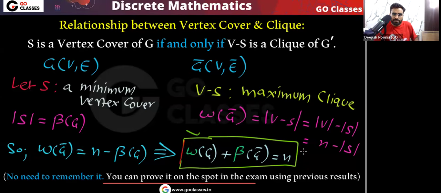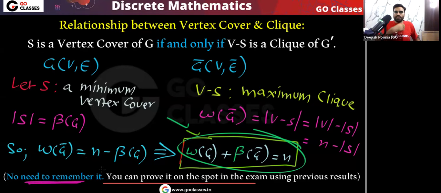That is also fine. Of course, there is no need to remember all these formulas and statements. You can prove it on the spot in the exam using the previous results. That is the reason we have seen the proof. I hope you understood. So far everything is clear, let me know.